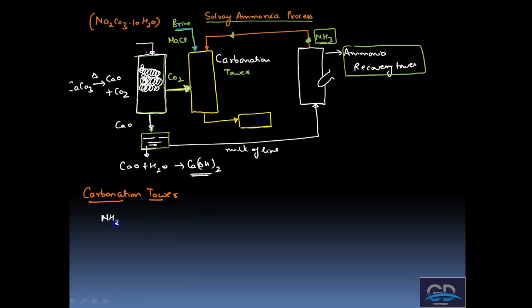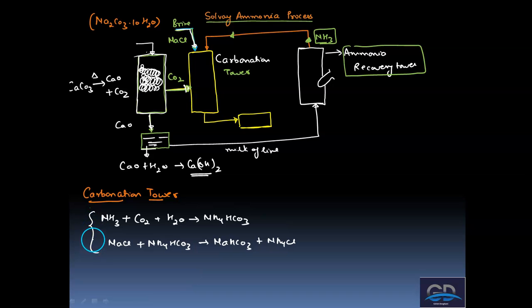So the reaction that happens over here is ammonia plus CO2 plus H2O gives us ammonium bicarbonate. Now since there is an entry of NaCl also, this NaCl reacts with the ammonium bicarbonate to give us sodium bicarbonate plus NH4Cl. Now these are the two reactions that happen majorly in a carbonation tower.